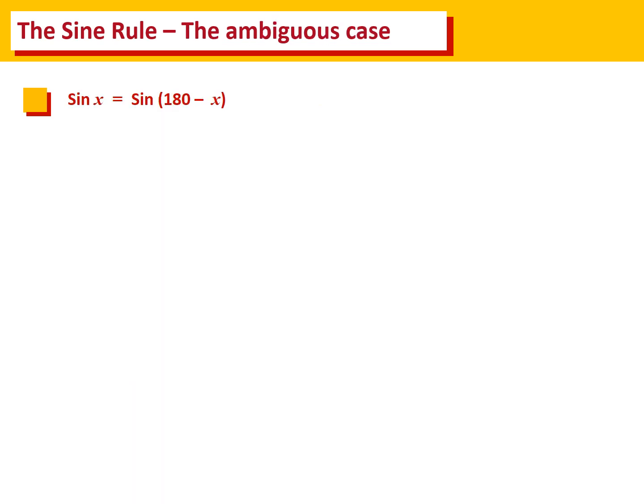Now, we're going to look at something called the ambiguous case, because in actual fact, when you are pressing your shift sine button, there are two possible answers. So if you press shift sine of 0.5, your calculator will give you 30 degrees.